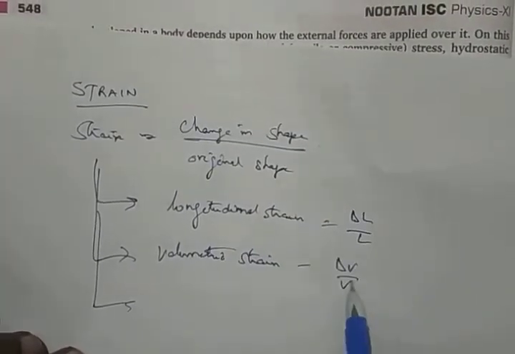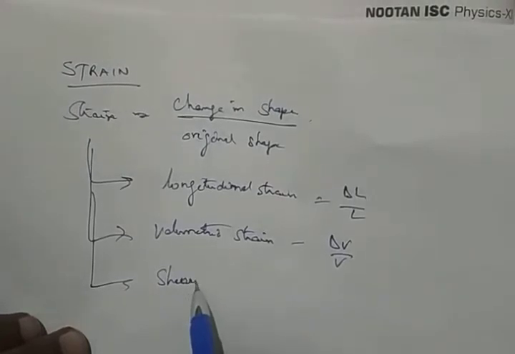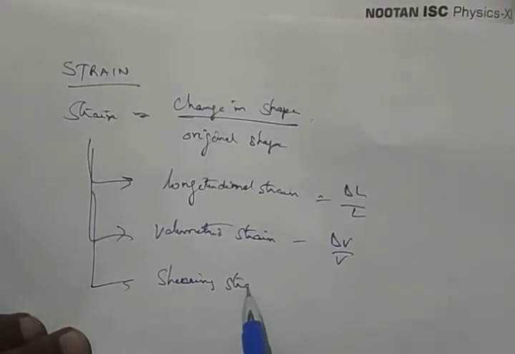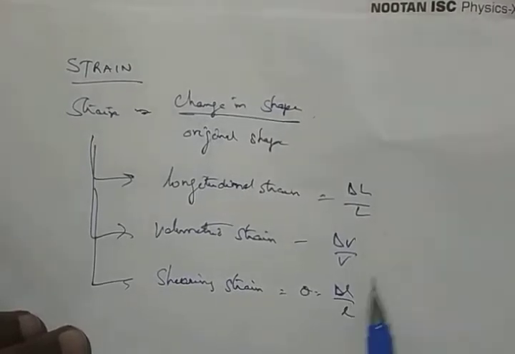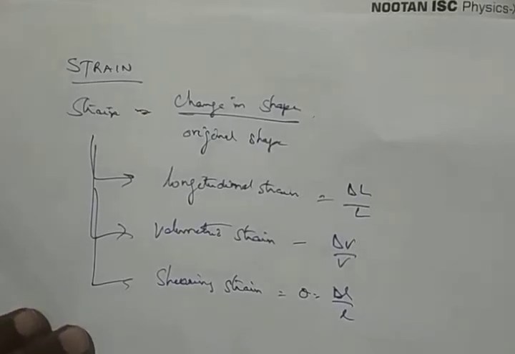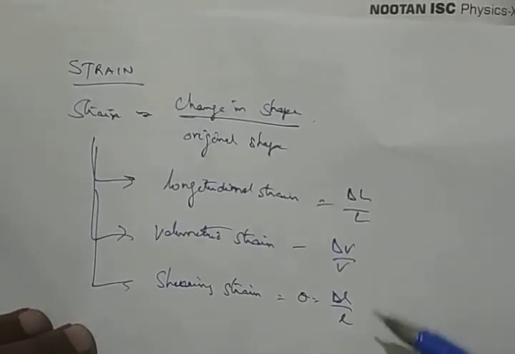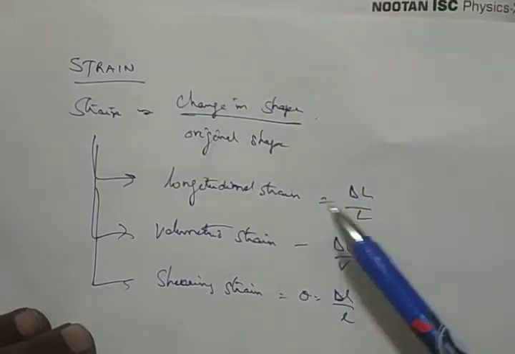Change in volume upon original volume. The next is called shearing strain. It is theta is equal to delta L upon L. These three things we will try to learn in a little more detail when we see the different moduli accordingly. I'm not going to explain everything right now, but there are three things.